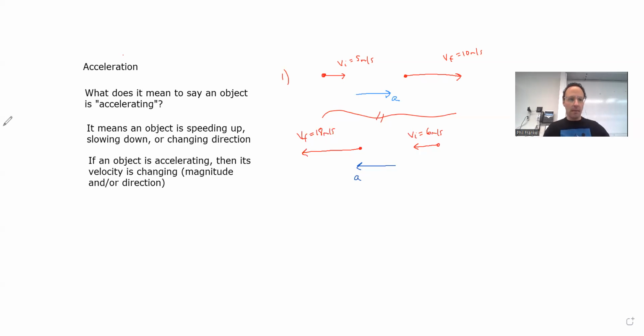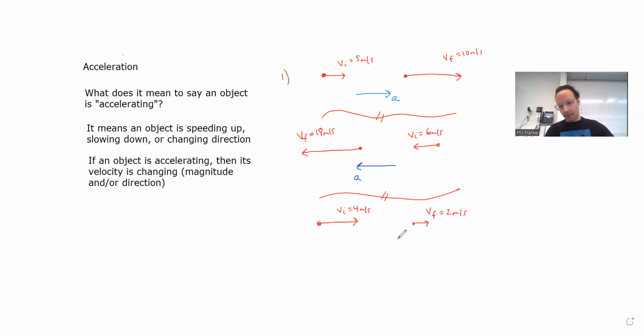Okay, but there are other possibilities. For instance, maybe the object is moving with an initial velocity of 4 meters per second, sorry, to the right, moving at 4 meters per second to the right, and it ends up moving at only 2 meters per second to the right.